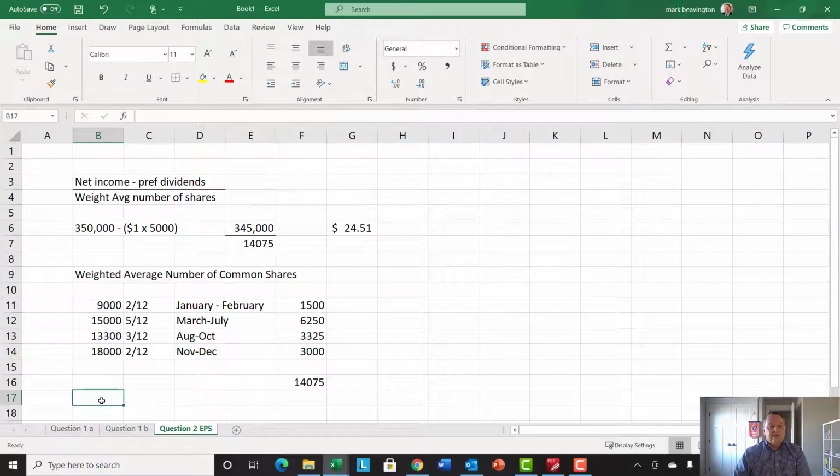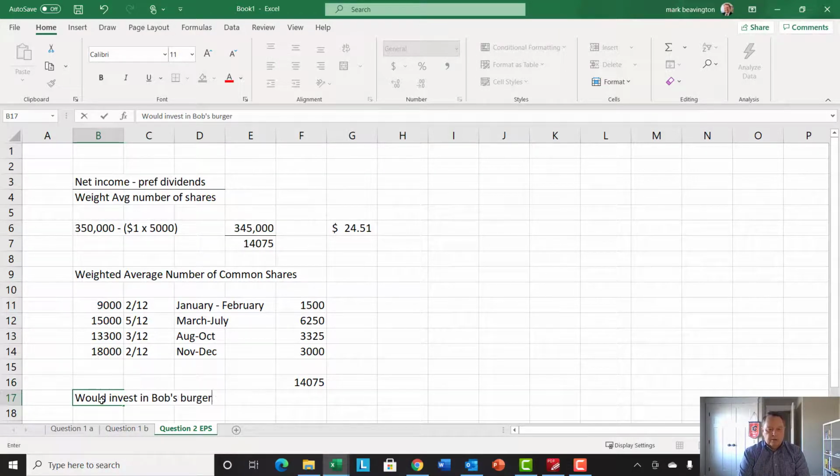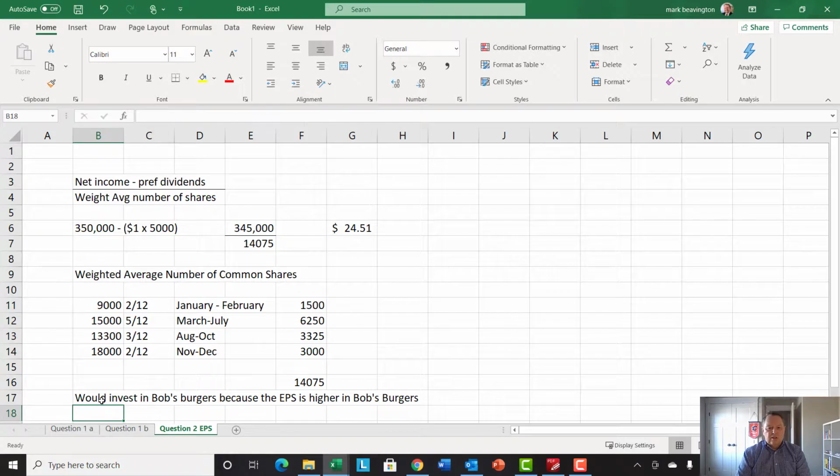So you needed to say that you would invest in Bob's Burgers because the EPS is higher in Bob's Burgers. You needed to somehow show me that you actually understood what you were calculating. If you did that, that was the solution.